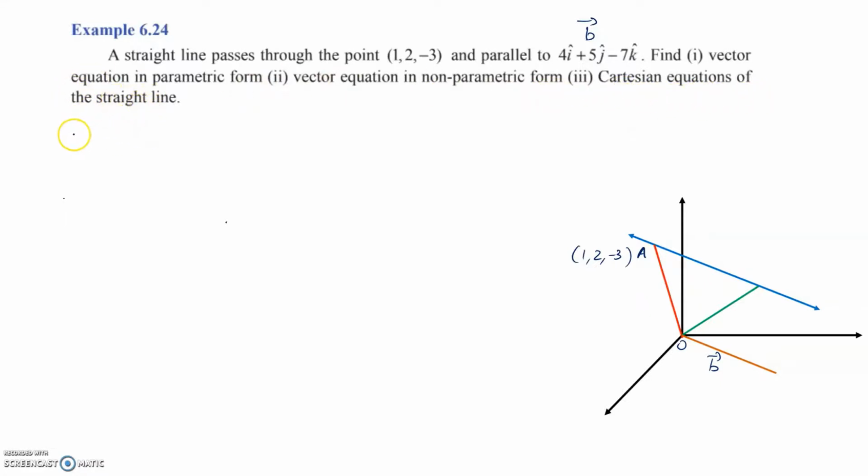Okay, so let's start with the first one, which is the parametric form. Our A vector is now defined as i cap plus 2j cap minus 3k cap.